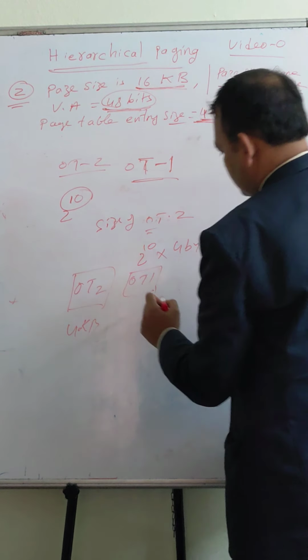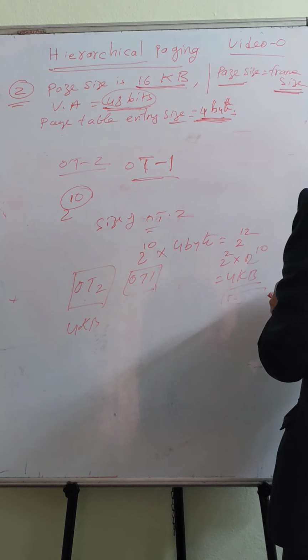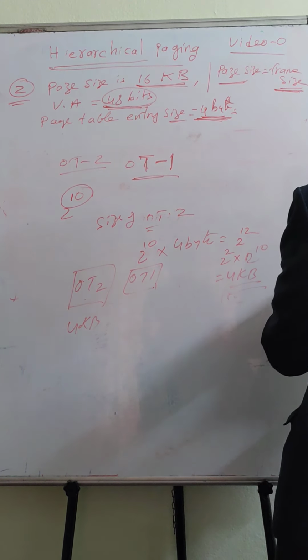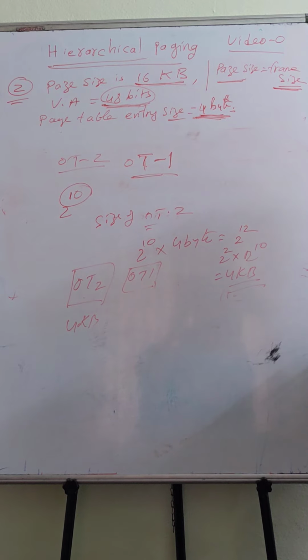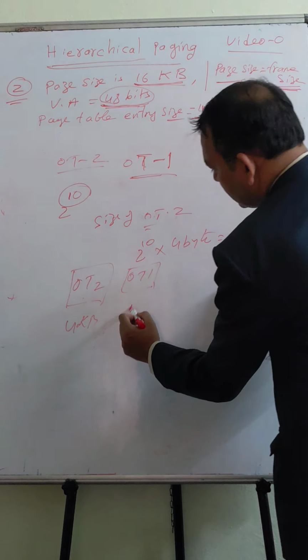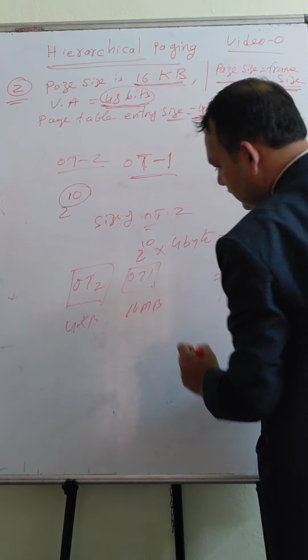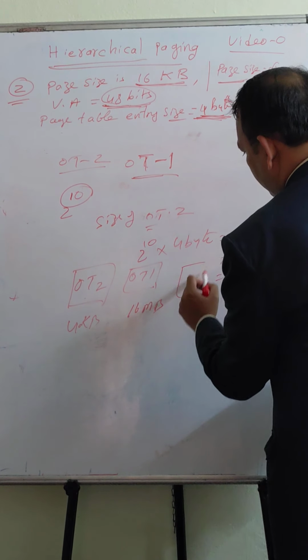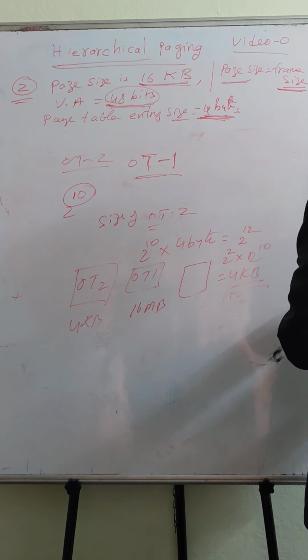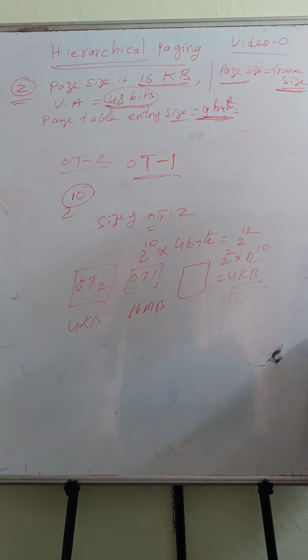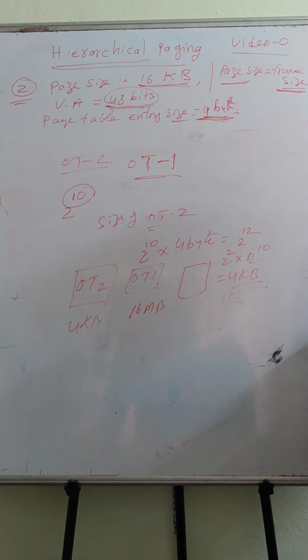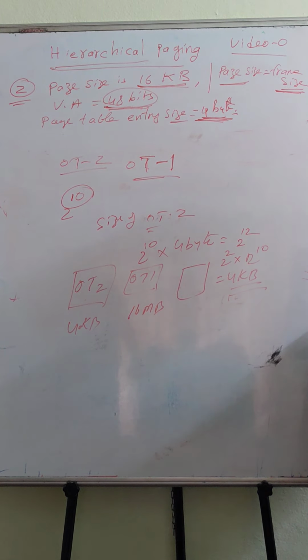OT1 size we calculated in the previous step: 16 MB. The actual table we calculated previously is 64 GB.